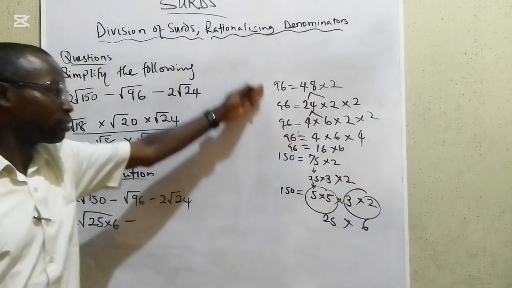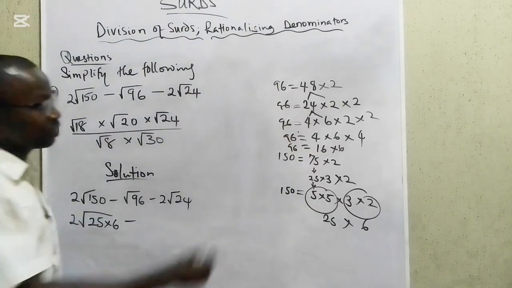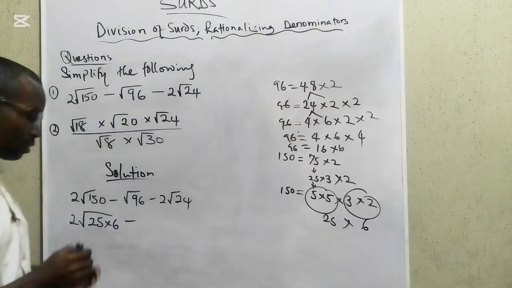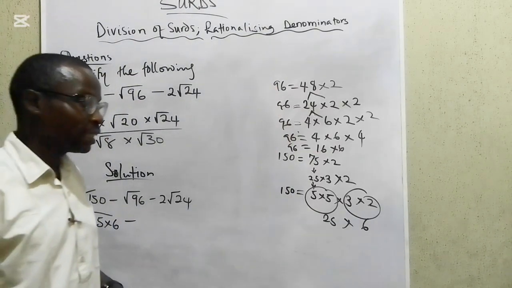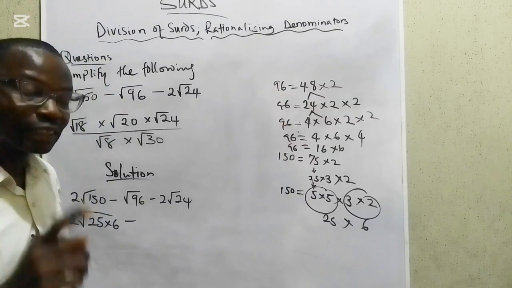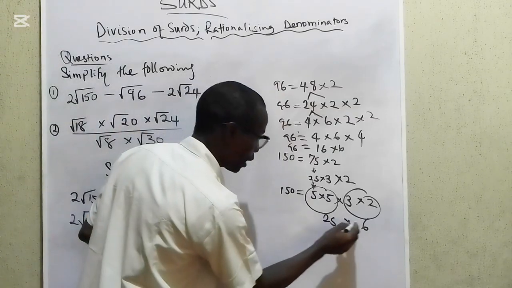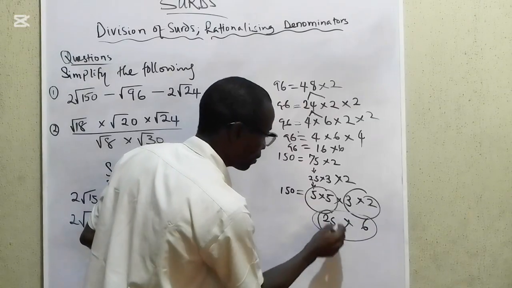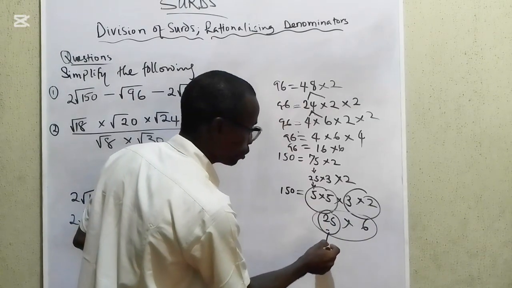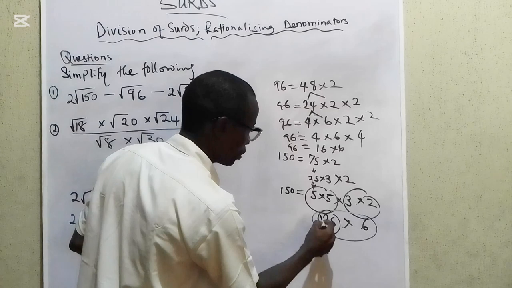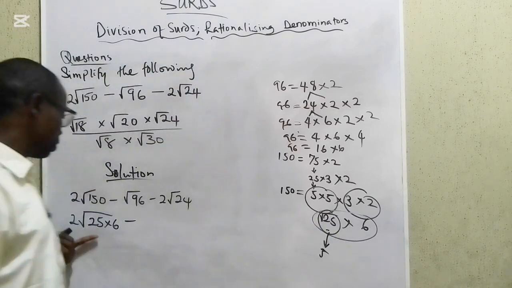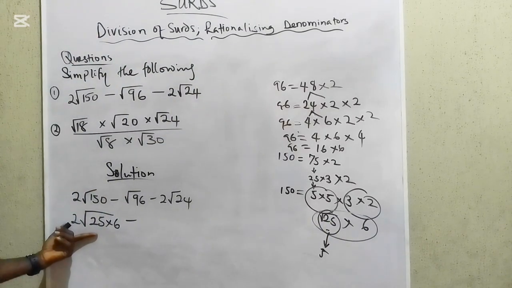So any of the variants can come in here, but you have to be wise. You will choose one that has a number that has a perfect square root. In this case, I chose this because 25 has a perfect square root, which is equal to 5. The square root of 25 is 5. I put it here so that I'll be able to remove the perfect square root.